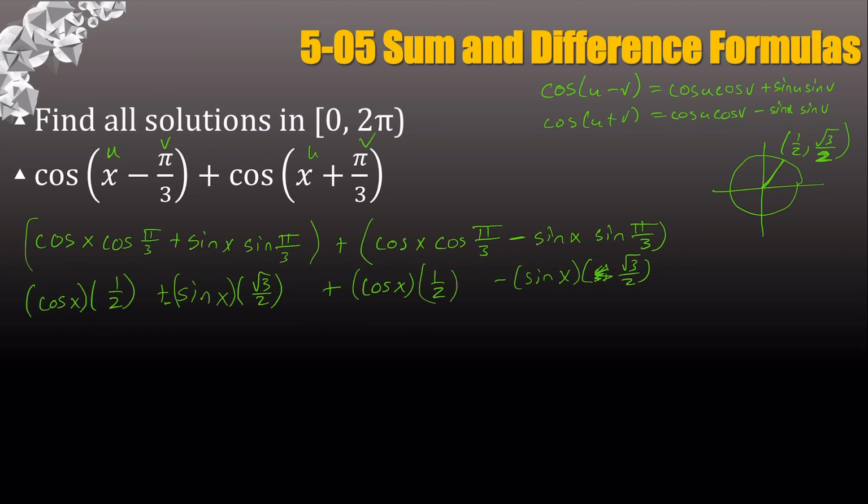Well, this sine x times square root of 3 over 2 minus sine x times square root of 3 over 2 cancel out. And it looks like I just have half of a cosine plus half of a cosine, which equals 1 cosine. We're seriously missing something here. This should equal 1.